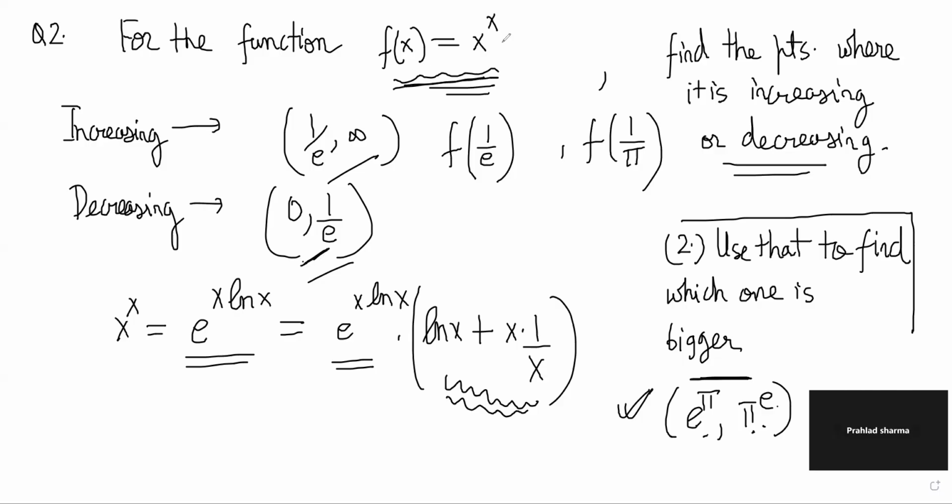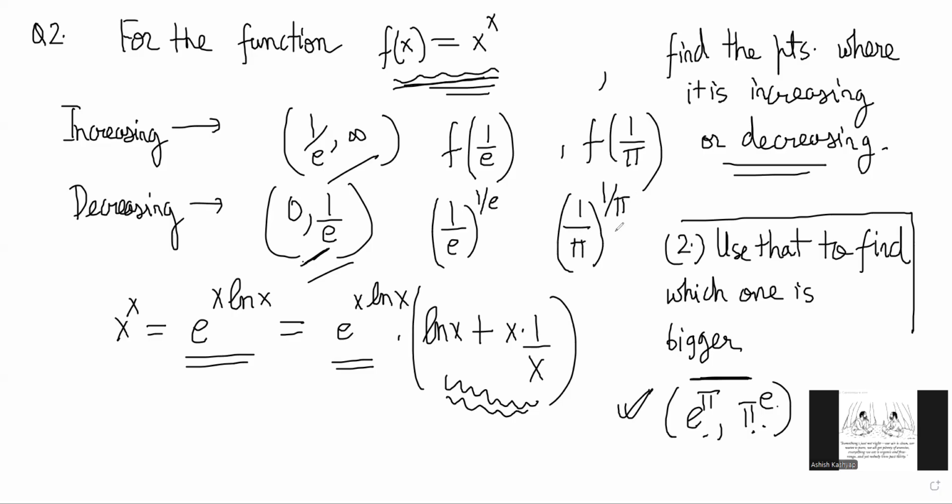Yes. f of 1 by e क्या होगा? 1 by e to the power 1 by e, राइट? और ये होगा 1 by pi to the power 1 by pi, राइट? करेक्ट? Yes. Sir. और तुम देखोगे कि 1 by pi is actually smaller than 1 by e, no? Yes, sir. 1 by pi is lesser than 1 by e.